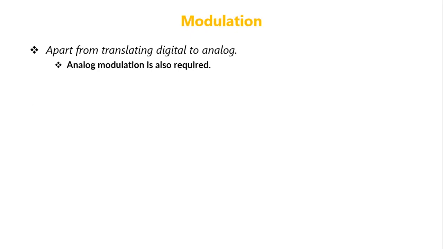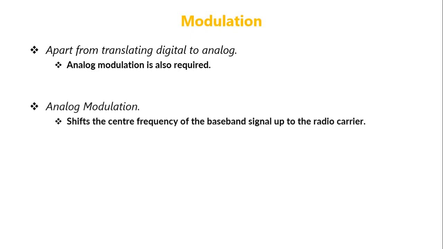Analog modulation basically shifts the center frequency of the baseband signal to the frequency of the carrier signal.